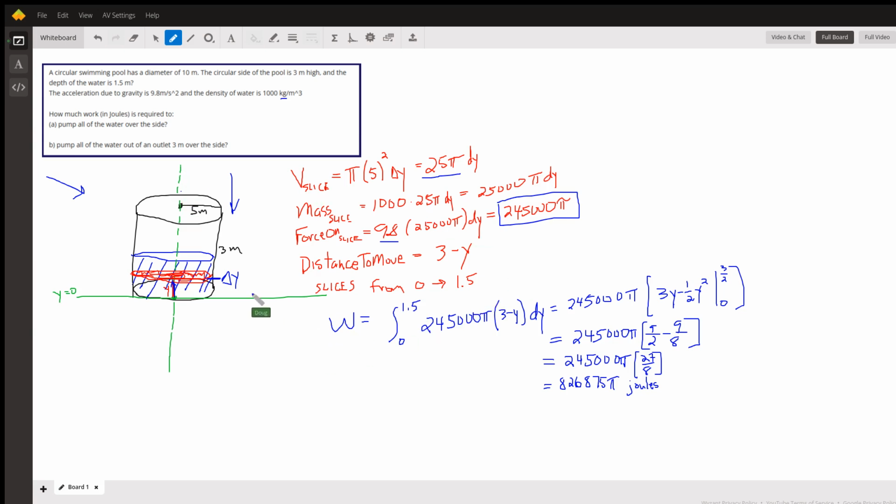And the slices occur between 0 and 1.5 meters. So we have infinitely many of these slices that we're going to integrate, 0 to 1.5 or 3 halves of 245,000 pi times the distance that the slice has to move.